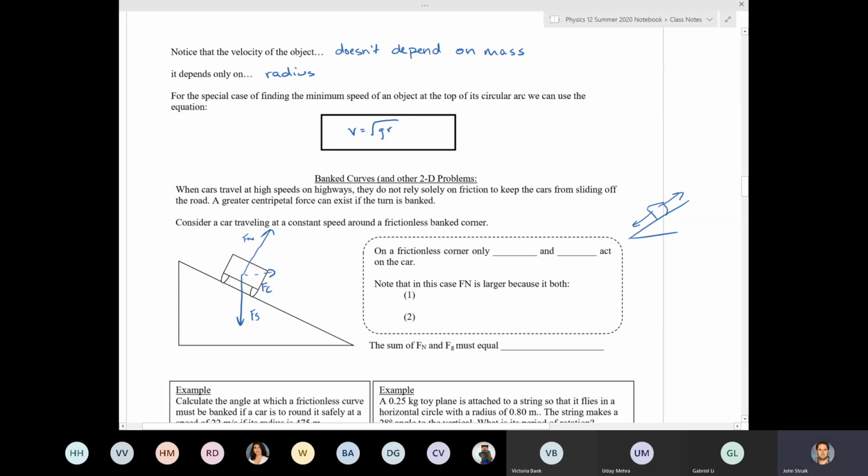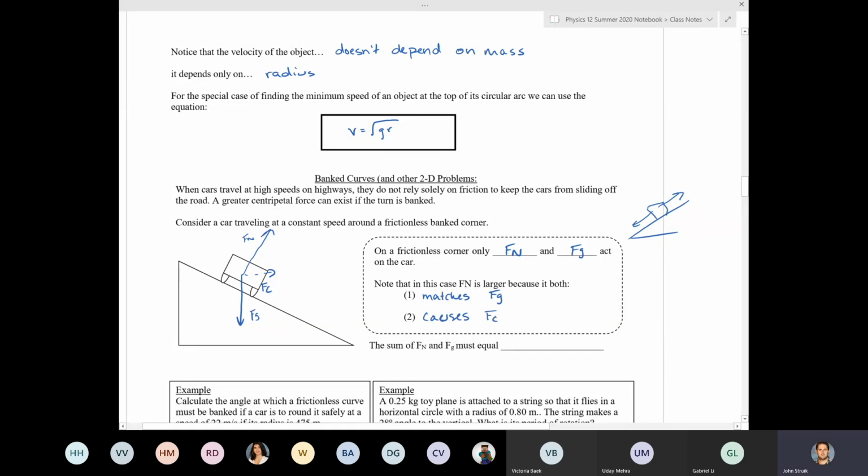Now, on a frictionless corner, so there's no friction here, only FN and FG act on the car. Because it's traveling in a circle, the FN is larger than the FG because it both matches FG and causes FC.